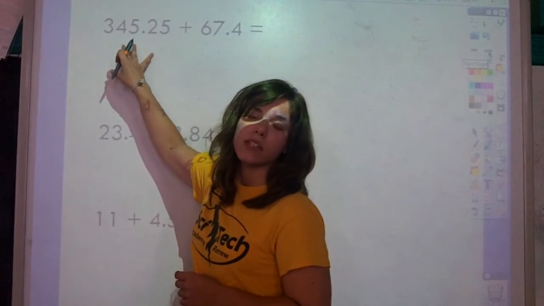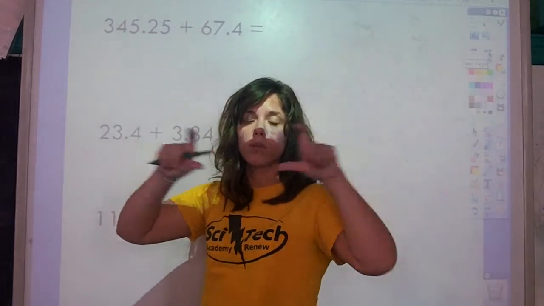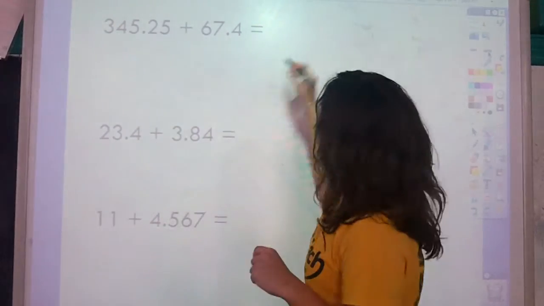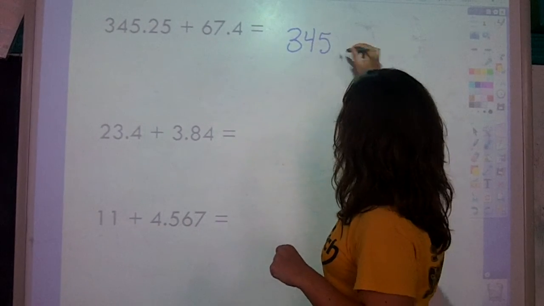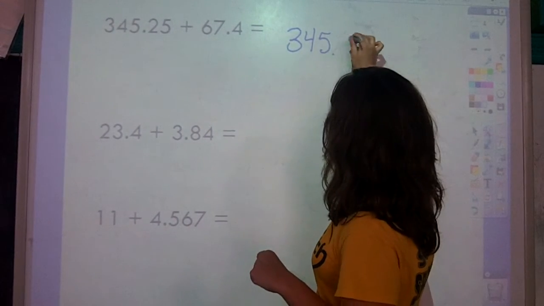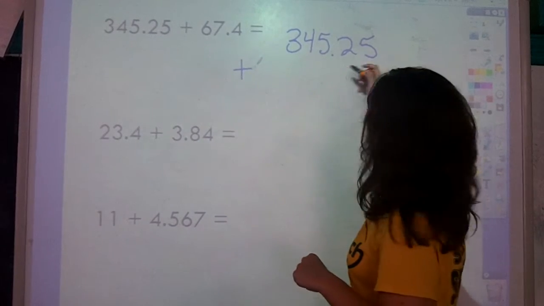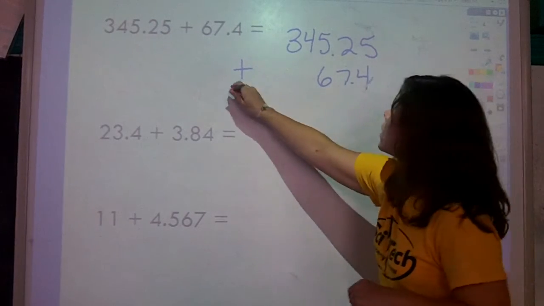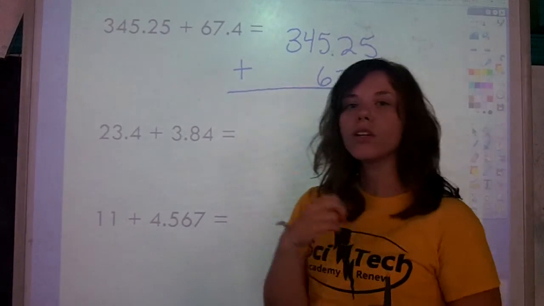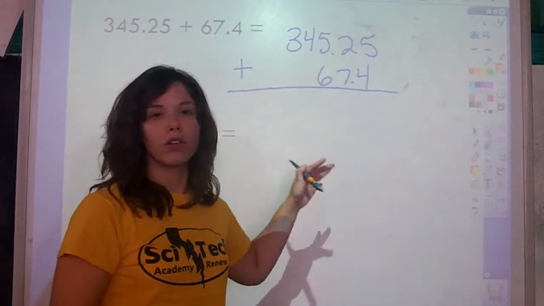Normally, when we see addition problems, we write whatever the longest number, the number with the most digits, on top. And then we line up the other number way over here on the right. When you're adding decimals, if you line your numbers up like this, you're going to get it incorrect.